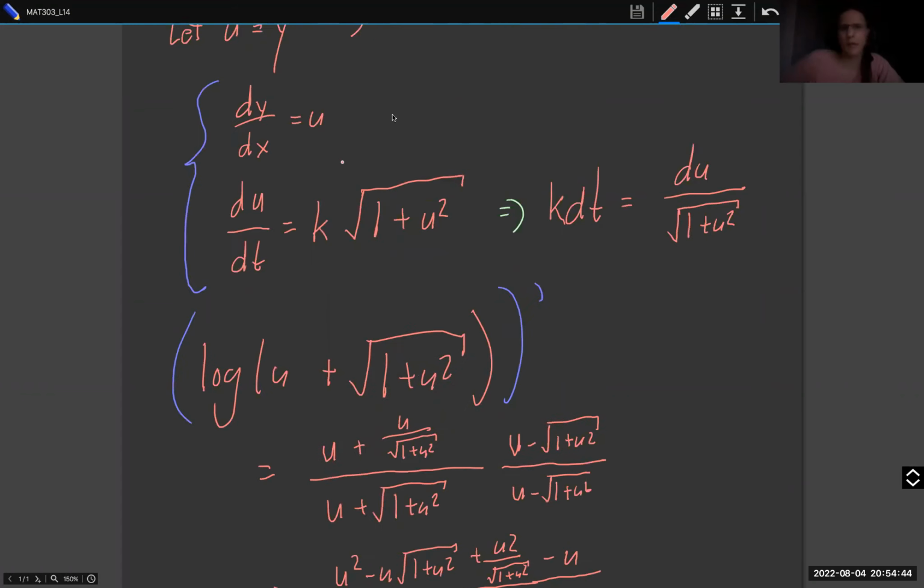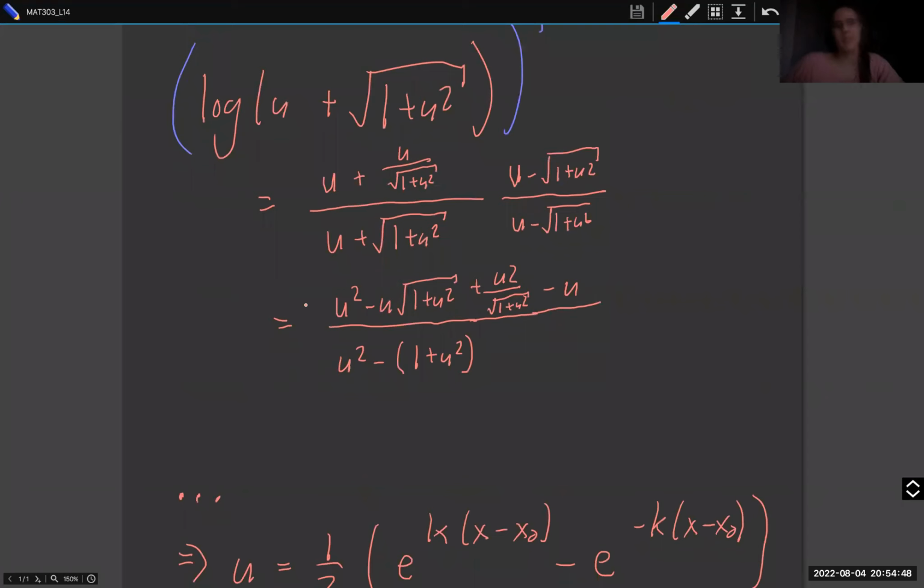Now I want to figure out this integral. I have 6 minutes. I'm going to figure out this integral. So first off, what is going on here?